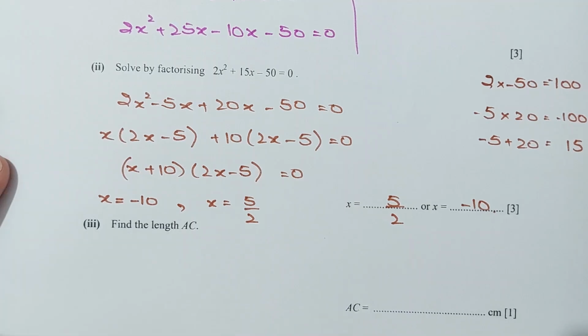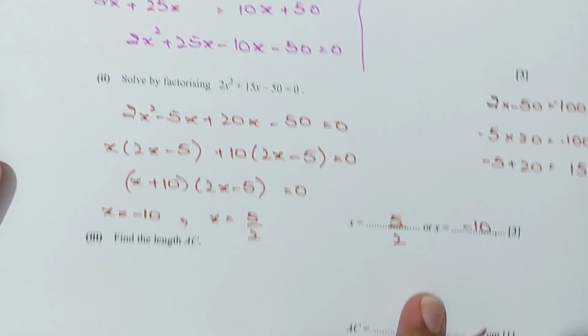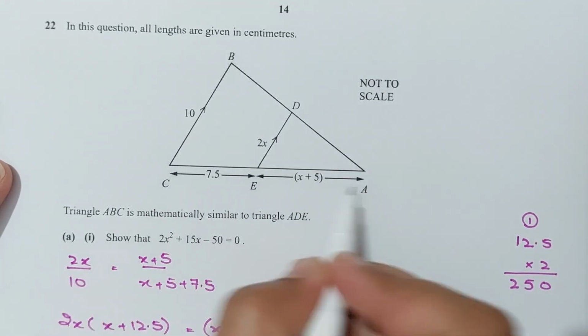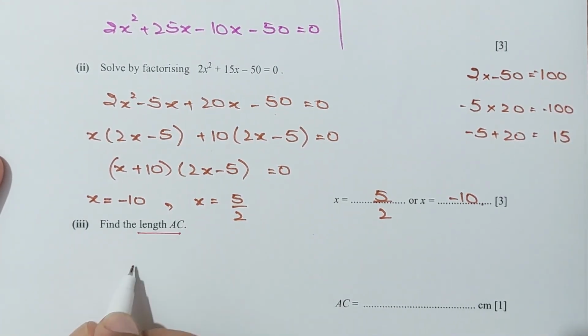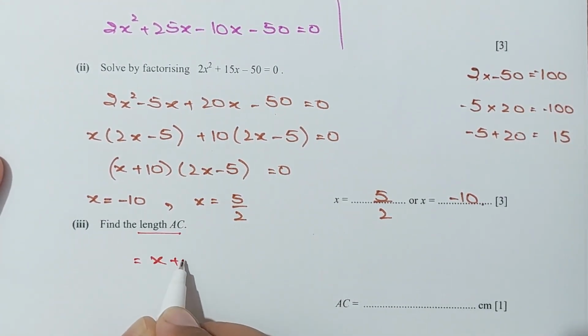Now the third part, find the length of AC. Where is AC? A to C is this length, x plus 5 plus 7.5, which is x plus 12.5. What value of x do you have to use for the length?